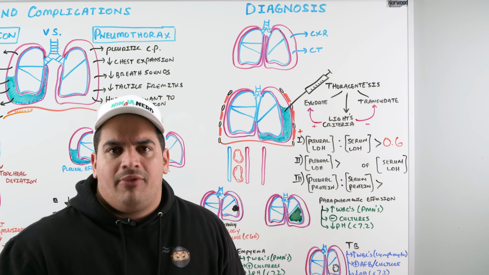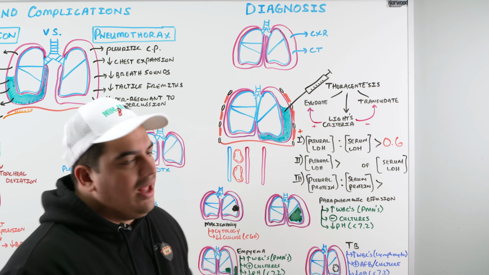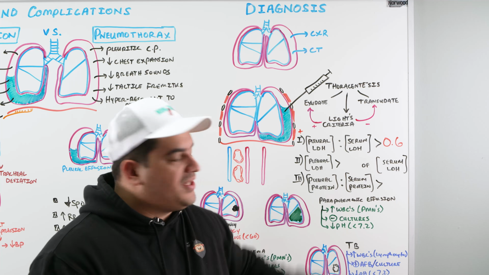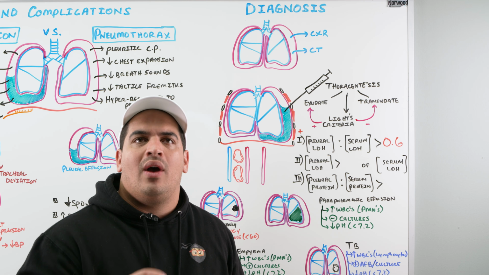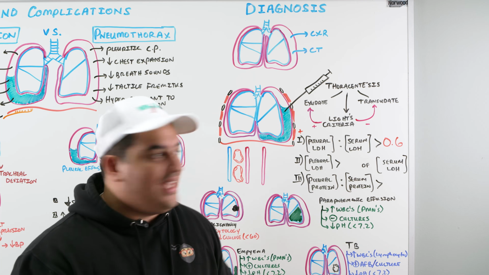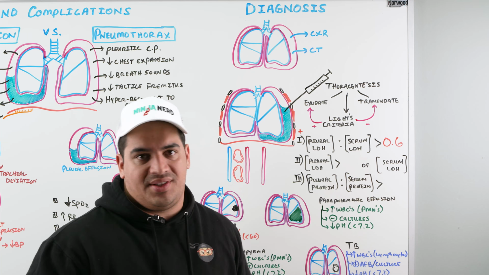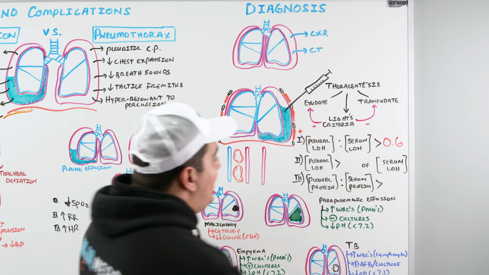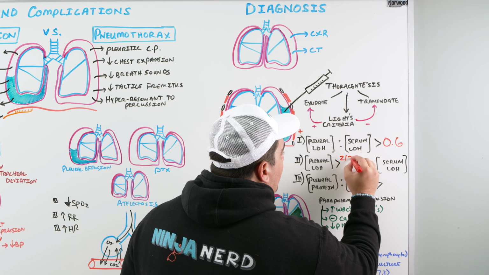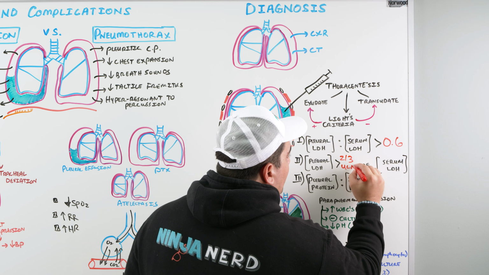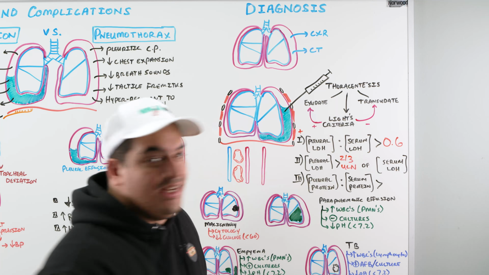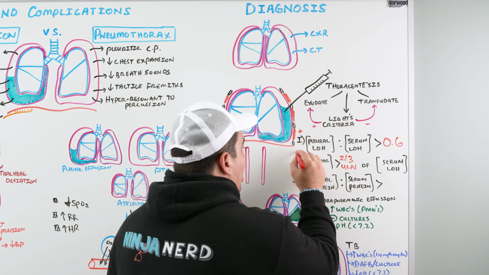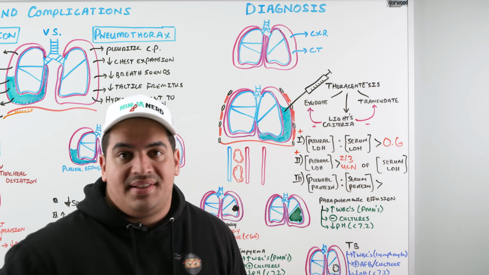But let's go a step further. We check the pleural LDH and compare it to the serum LDH, but what we want to know is how much greater the pleural LDH is with respect to the upper limit of normal of the serum LDH. If it is greater than 2/3 the upper limit of normal of the serum LDH, that is a positive finding for Light's criteria and makes us think exudative.